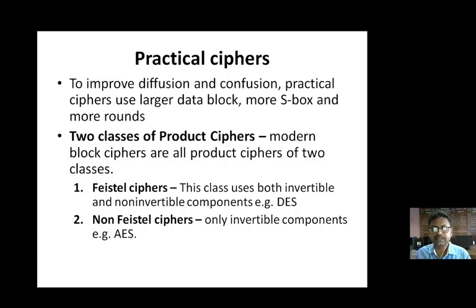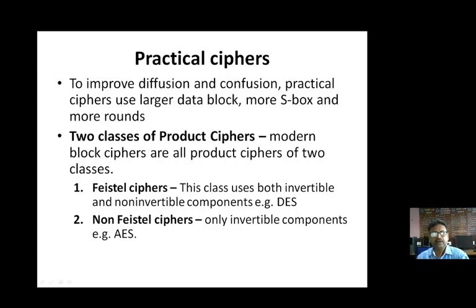The larger the data block, the more S-boxes, the more rounds and iterations are used, the more improvement we get, and we can assure ourselves that it is very difficult to get from the ciphertext back to the plain text without knowing the key.